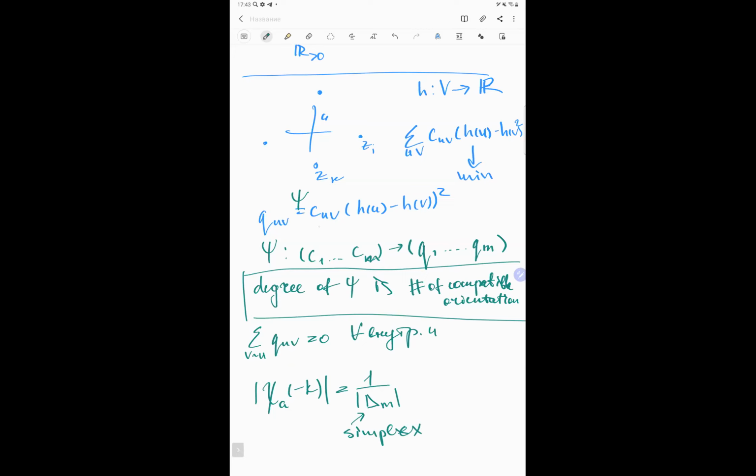There is also one condition on the sum of C equal to 1.